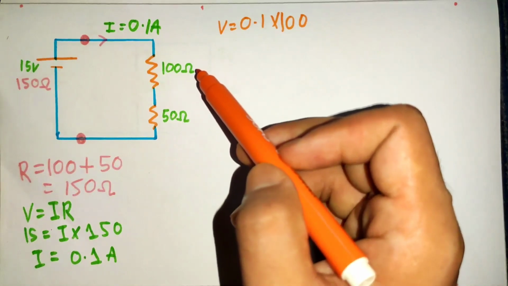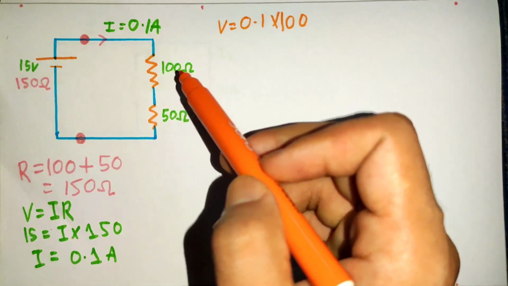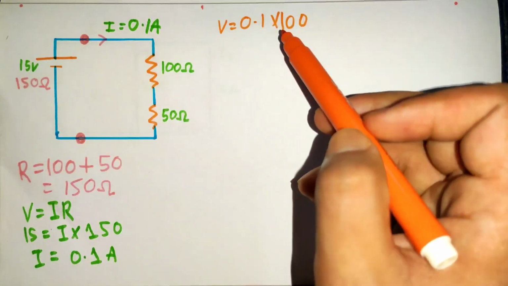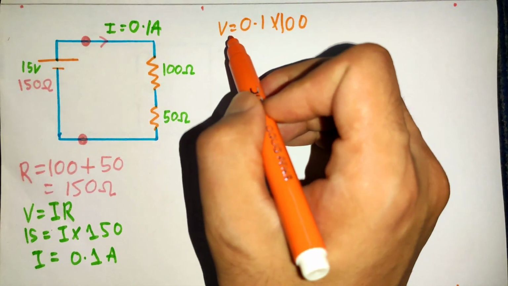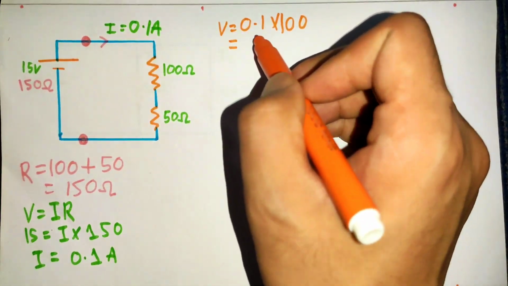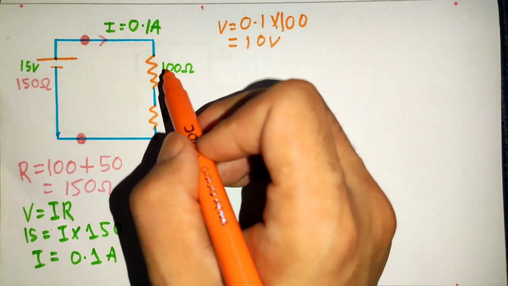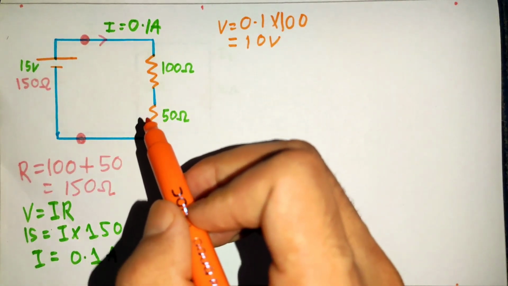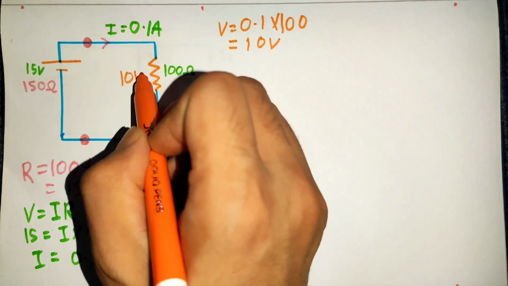We know 0.1 ampere of current flows through the 100 ohm resistor. So here I write 0.1 ampere into 100 ohm, and we got 10 volt. This 10 volt is dropped by the 100 ohm resistor. So write 10 volt here.